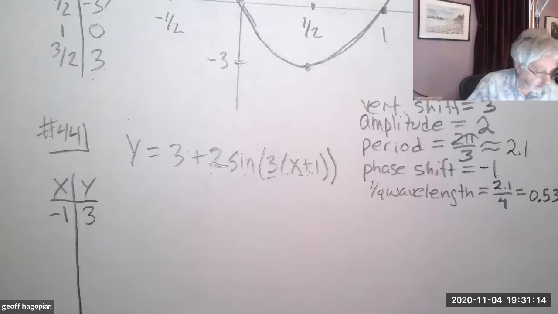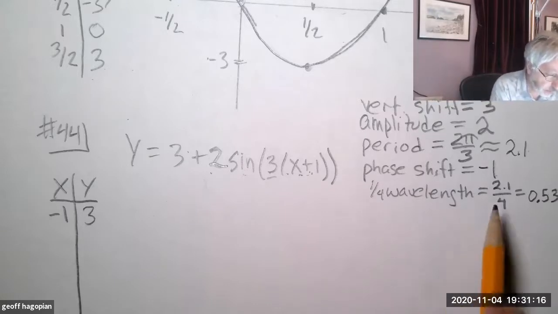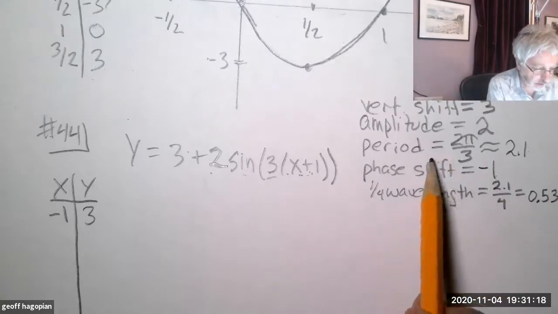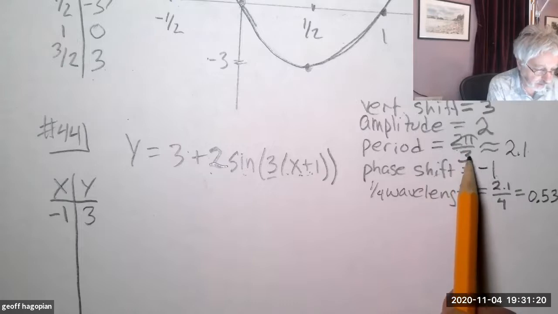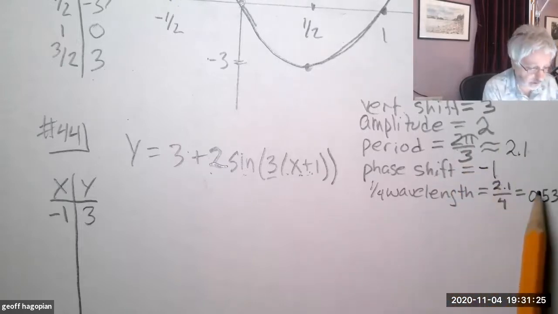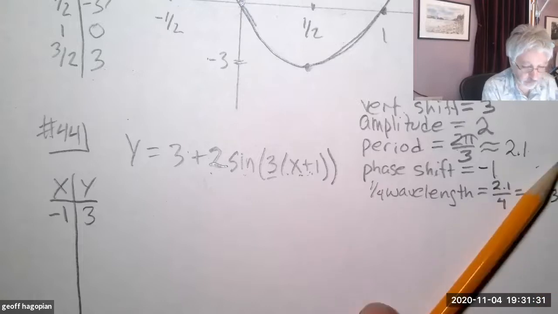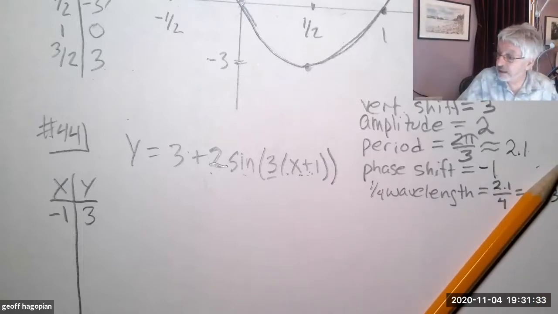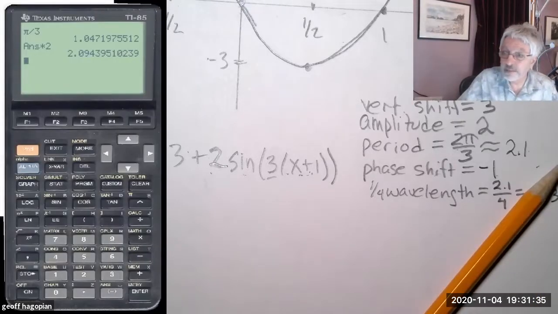And so then I want to go a quarter wavelength. So I could add, what is it? Pi over 6 would be a quarter wavelength, 2 pi. So pi over 6 turns out to be pretty close to 0.53. Should we verify that? Here's 2 pi divided by 6.